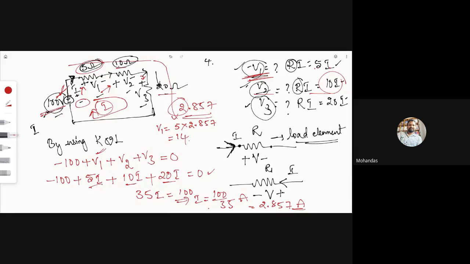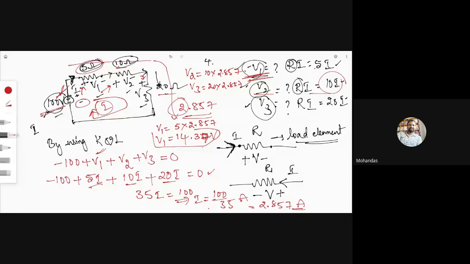Very good. This is the voltage drop. Likewise, calculate V2 and V3. V2 equal to 10 into that I value, 2.857, and V3 equal to 20 into 2.857. So tell me those values V1, V2, V3.